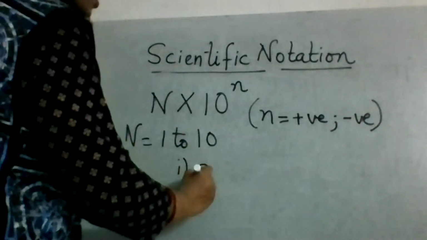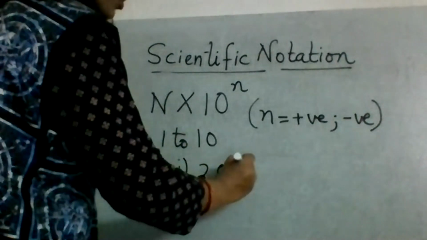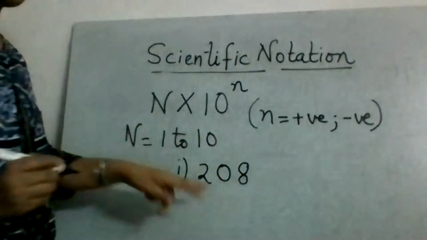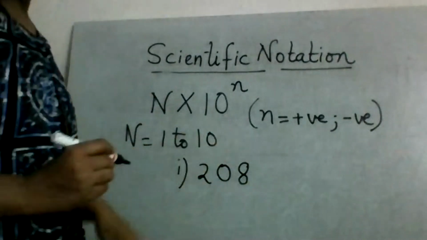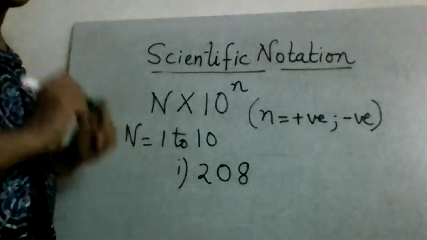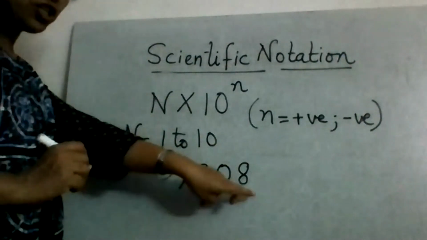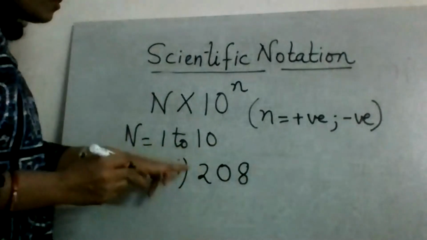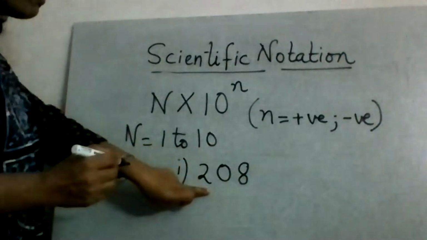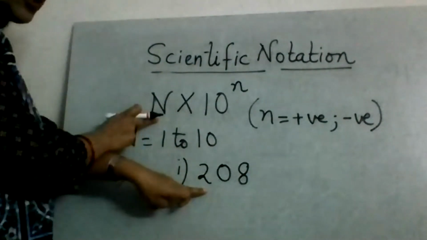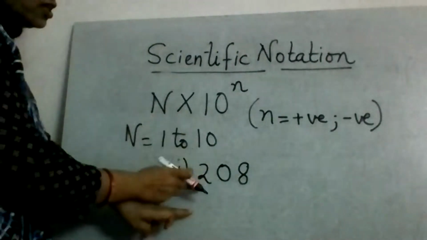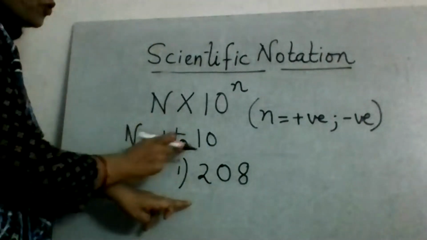Look at the first example. Suppose I ask you to express a small number 208 in scientific notation method. To express this number in scientific notation method, first look at the first number. The first number will be the value of capital N. So here the value of this N ranges between 1 to 10.